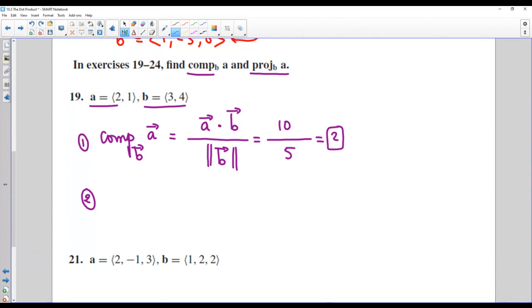And then we need now to find the projection.